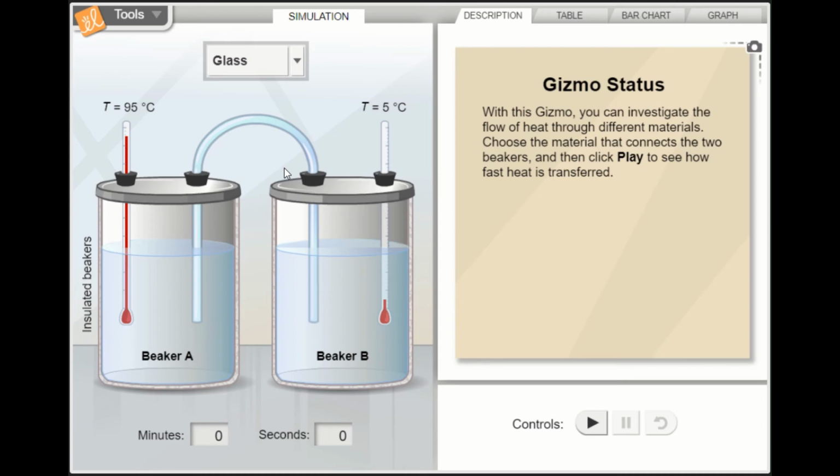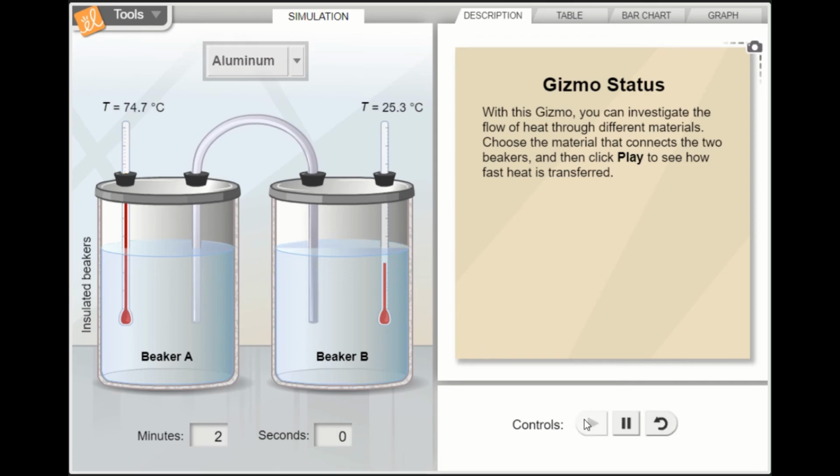Let me remind you that heat moves from a hot body to a cold body. So in this case, heat energy must move from beaker A to beaker B. I will choose to start with aluminum, which is a kind of metal, and metals are good conductors of heat.